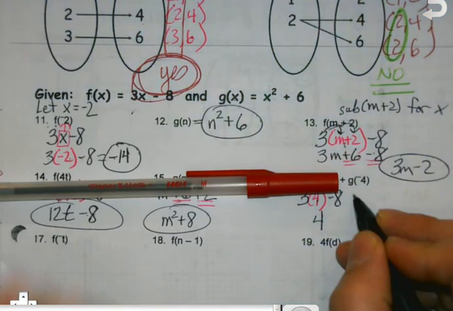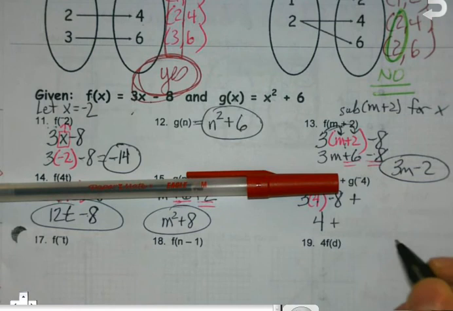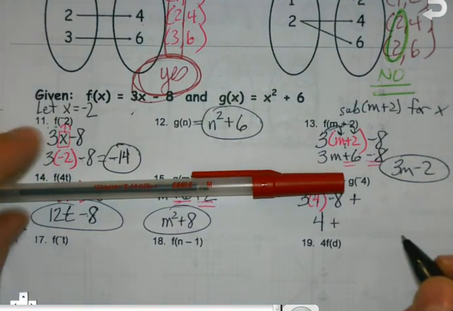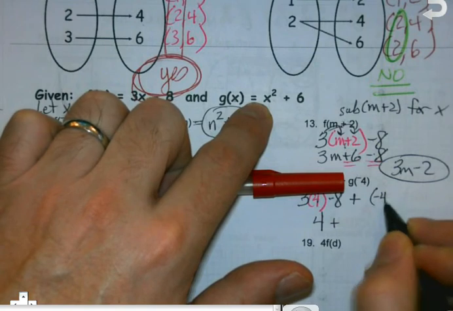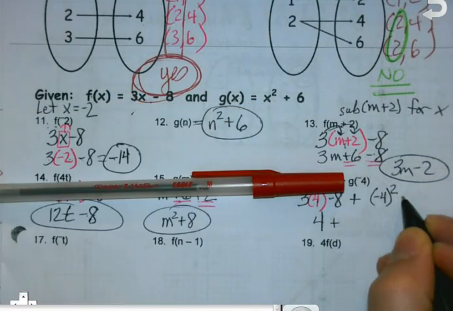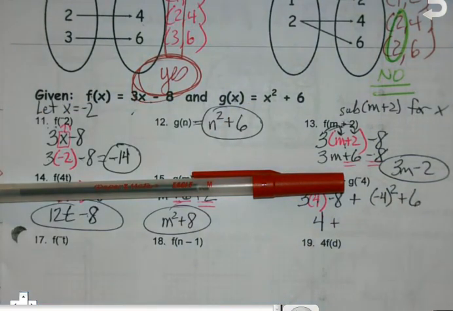Once that's done, flip it over here. So now I want g of negative 4. So we've got negative 4 squared plus 6. So I replace the x with negative 4.